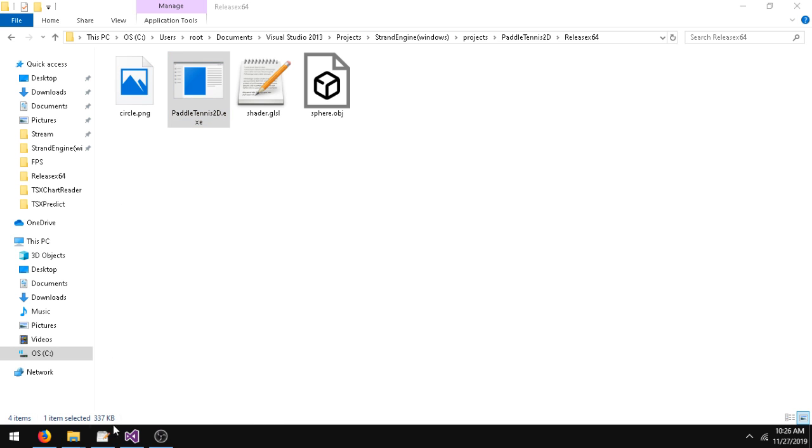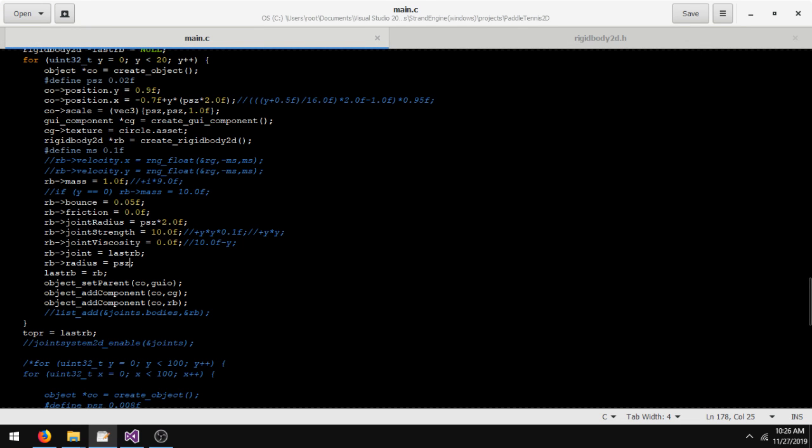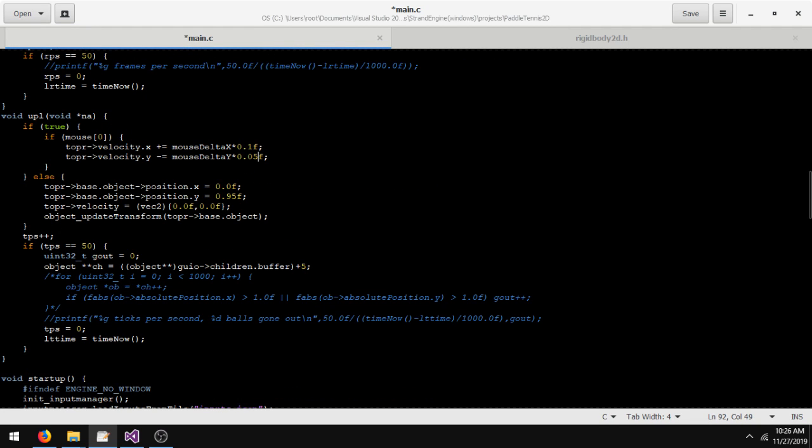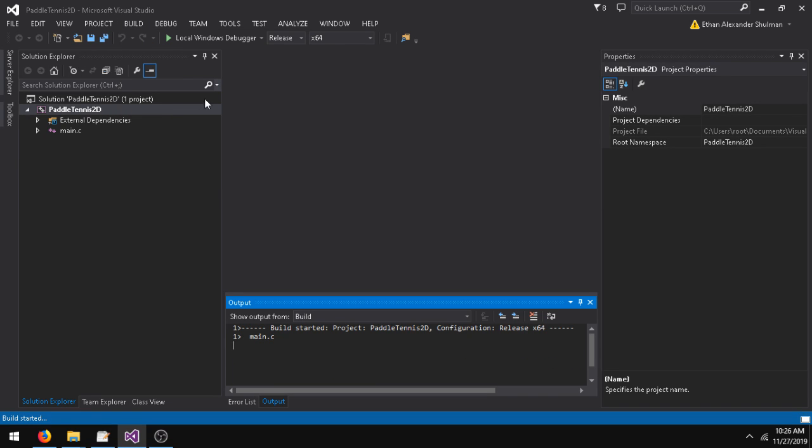Oh, okay, and so right here, for whatever reason, it's not applying the velocity. At least not strong enough to push the surrounding ones, I believe. I'm going to try increasing the velocity even more.